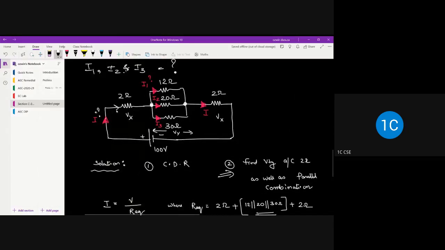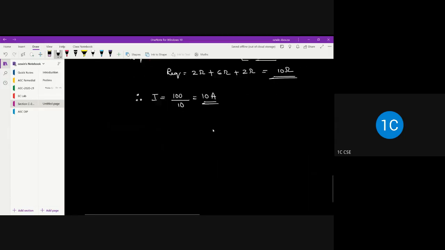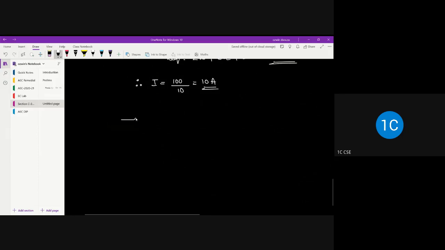So the current that flows through the 2 ohm resistor is 10 amperes. Similarly, the current which flows through the second 2 ohm resistance is also 10 amperes. So you know the current, you know the resistance, so you can find the drop across the first 2 ohm resistor as well as the second 2 ohm resistor. Let me write it.